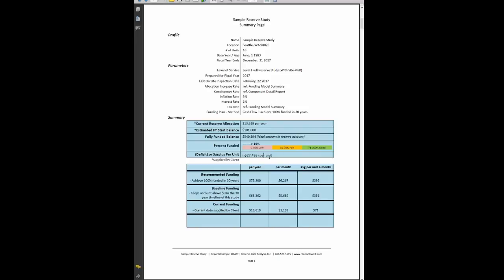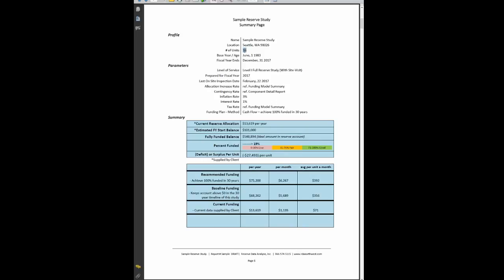Below that is a deficit or surplus per unit. So in this case, this community is 19% funded. Their reserve account balance is well below what the ideal amount is of $540,000. They only have $101,000, and that's essentially a deficit of $27,493 per unit.